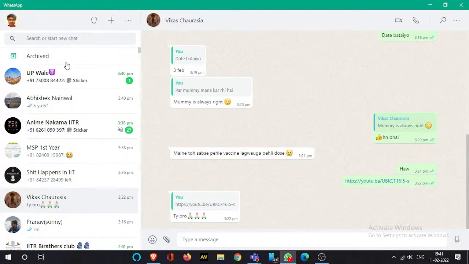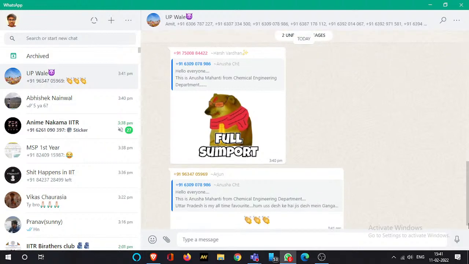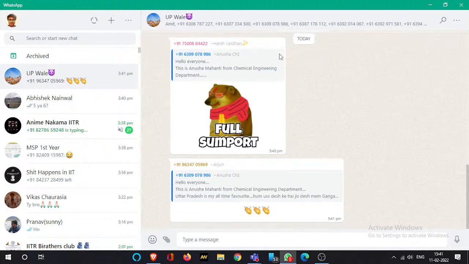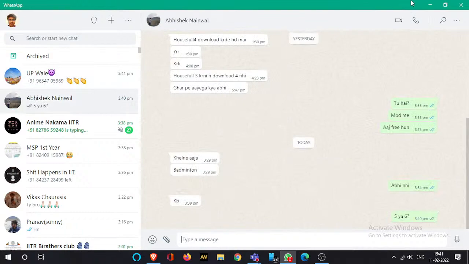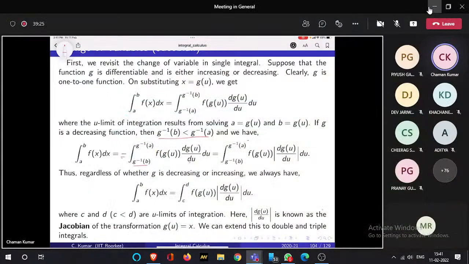So you have g inverse b will be less than g inverse a, and you put a minus sign here, and this you can write as modulus of this quantity.